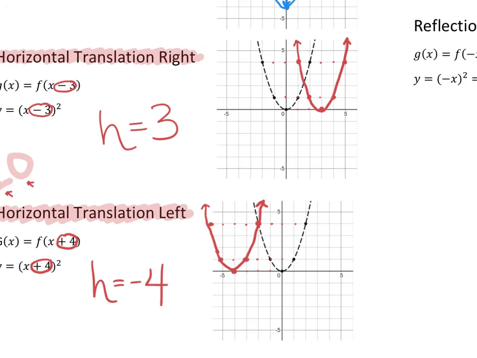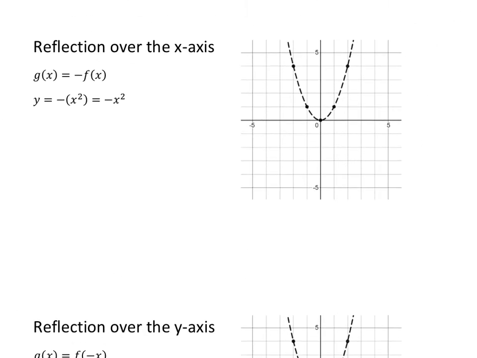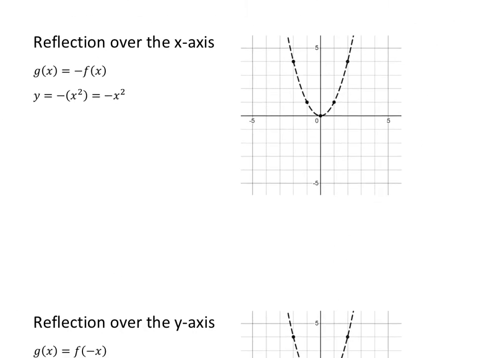Now let's work on our reflections. On our reflection, we have first a reflection over the x-axis. Now remember, the x-axis is the flat axis here, so where I'm actually reflecting every single one of those coordinate points over that axis. I know that this happens because we have a negative sign outside of the parentheses or in front of the entire function itself.